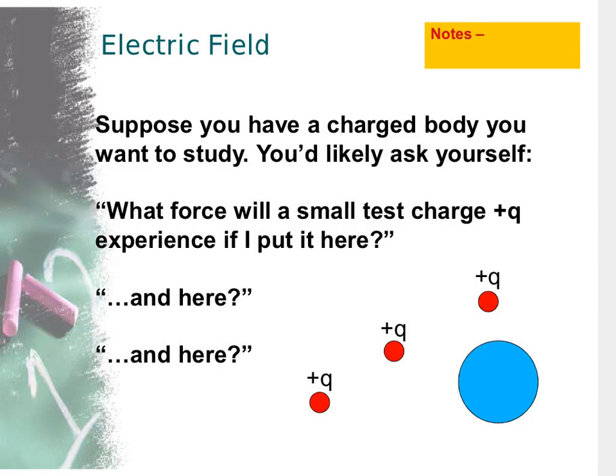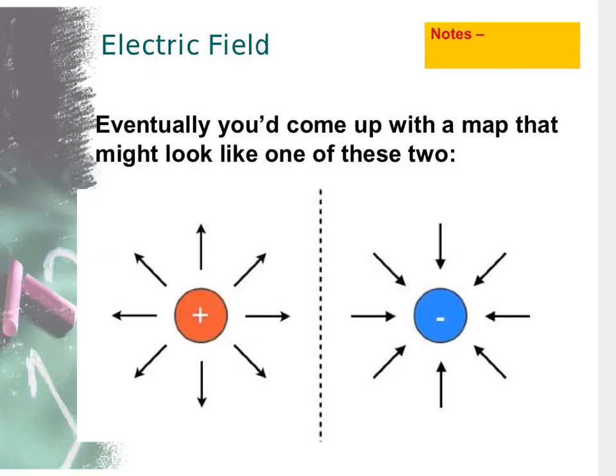Well, that's kind of the idea behind an electric field. It's somebody constantly asking this question, and if you were to do this enough times, you would come up with almost like a map. So you might come up with a map that looks like one of these two things.